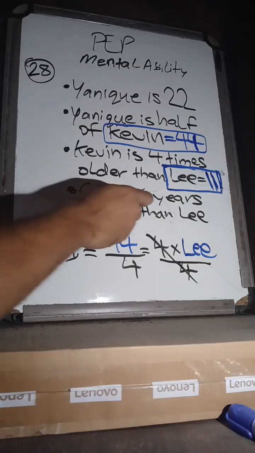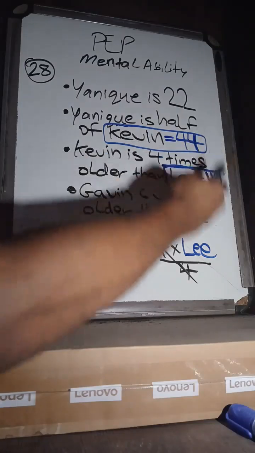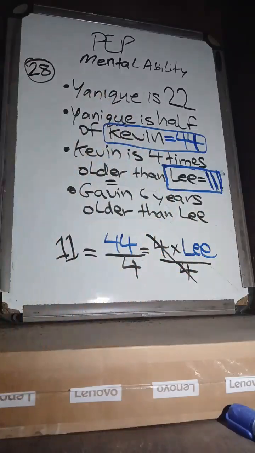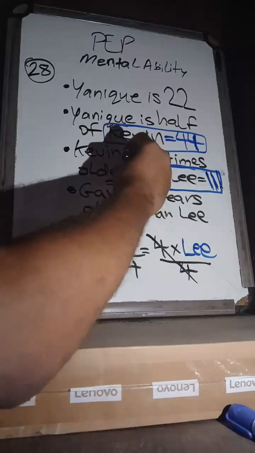And then of course Gavin will be 6 plus that 11.